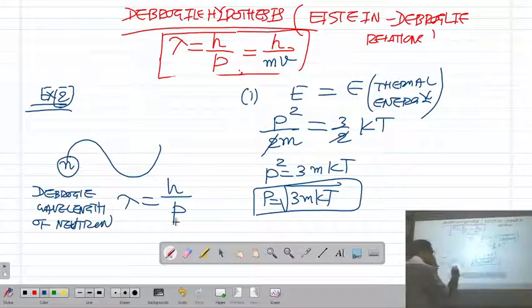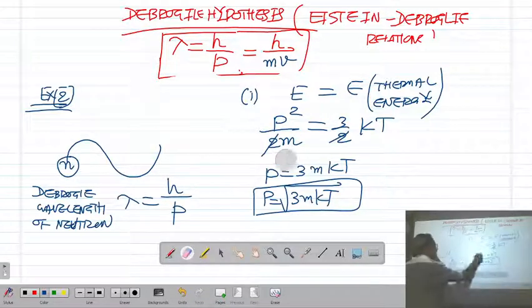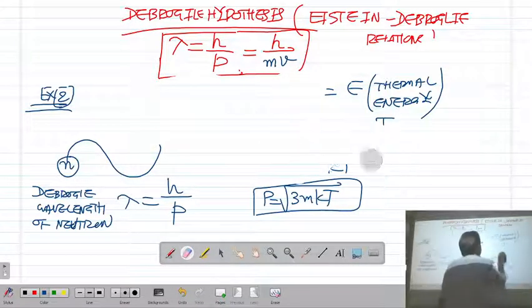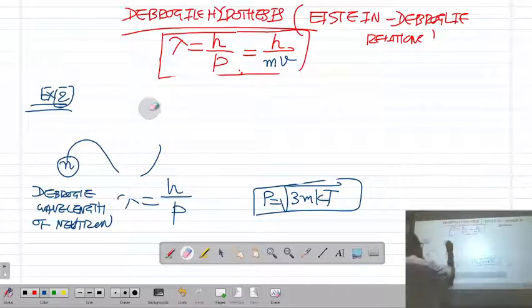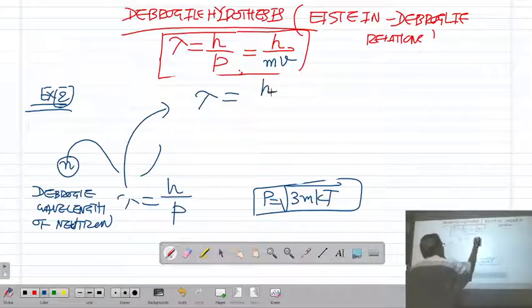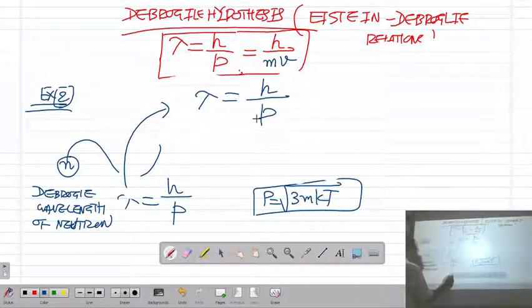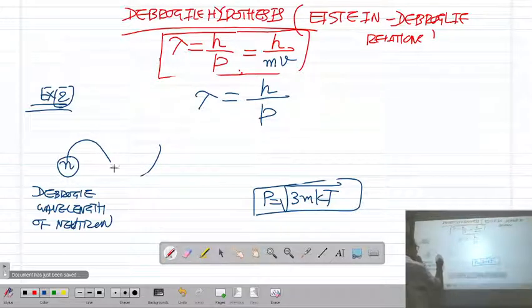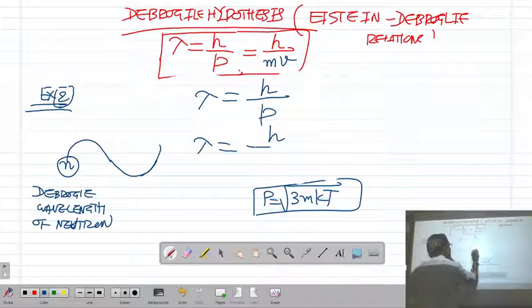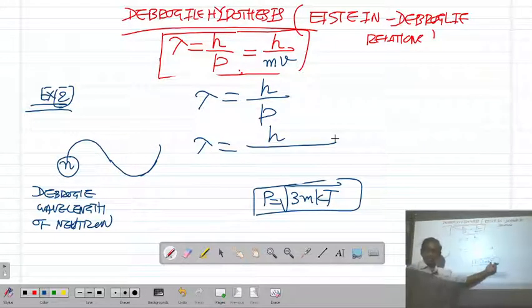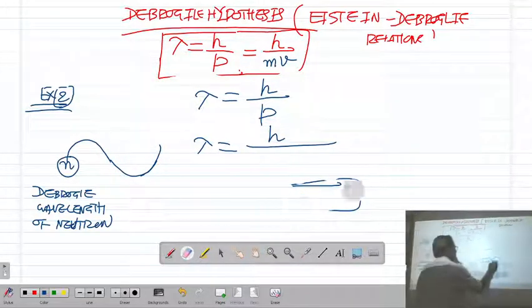If you substitute this value of momentum p here, you will get lambda is equal to h upon p. So lambda is equal to h upon, what is the momentum of the neutron? Under root 3m kT.